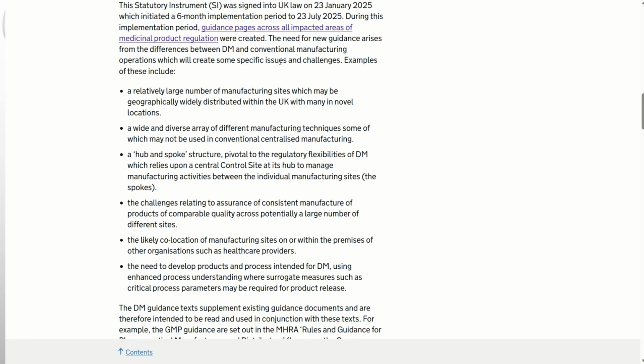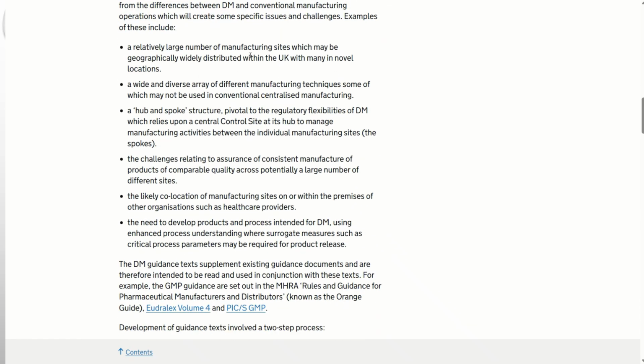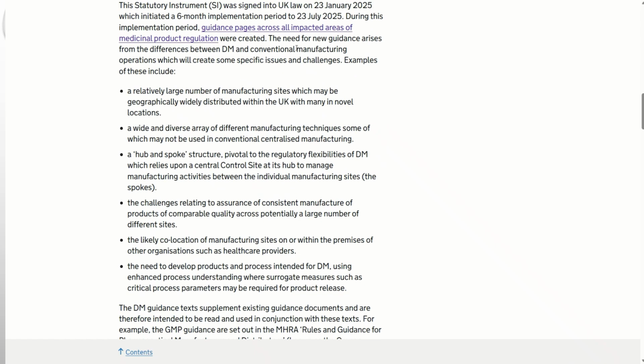These are the differences between decentralized manufacture and conventional manufacturing operations, and it may create some specific issues and challenges, and therefore they've given these guidelines. They're not draft, but they're going to be updated as the MHRA gains more experience. A relatively large number of manufacturing sites, which may be geographically widely distributed within the UK, with many in novel locations.